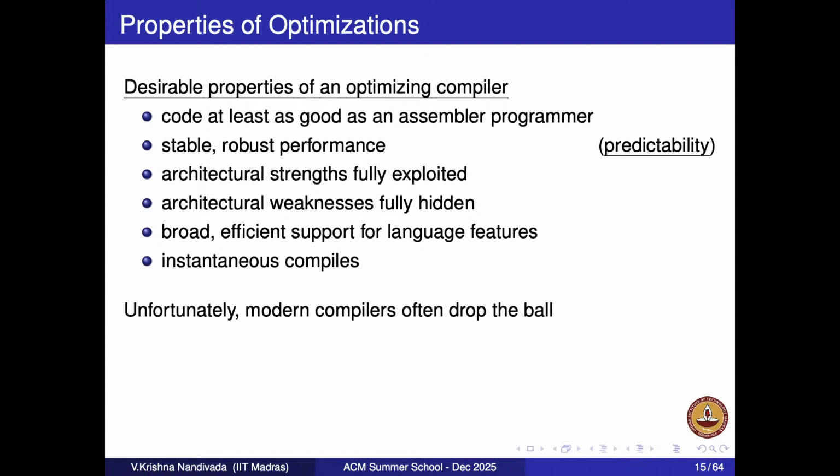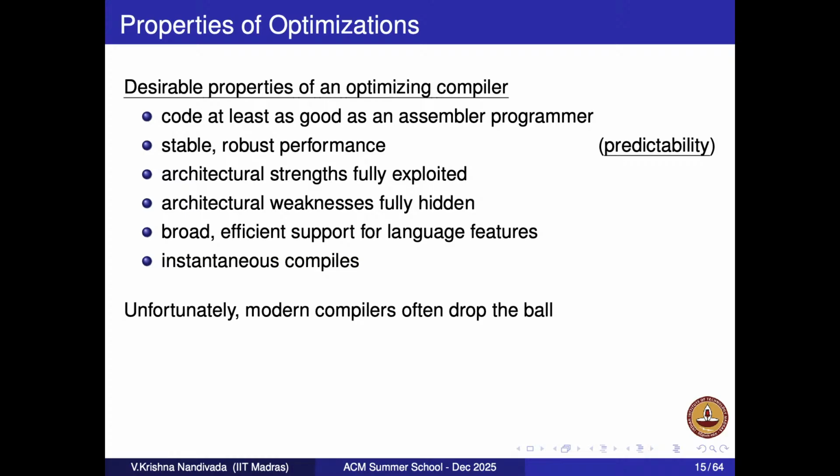As we said, desirably an optimization should give the best code. It should give me excellent performance. It should give me predictable performance. It's not that randomly it gives me good performance. It should take advantage of all the high level features and all the architectural powers and specialities.